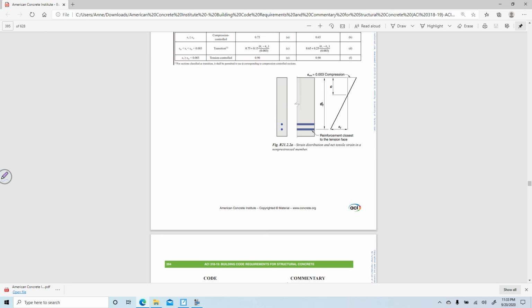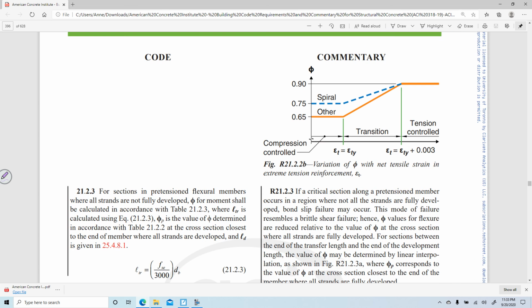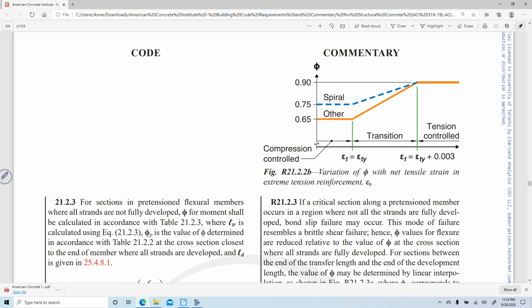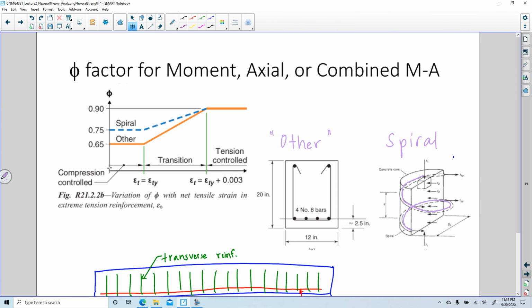If you look at it graphically, it looks like that, right? Looks like that.